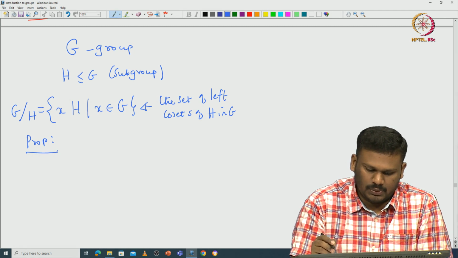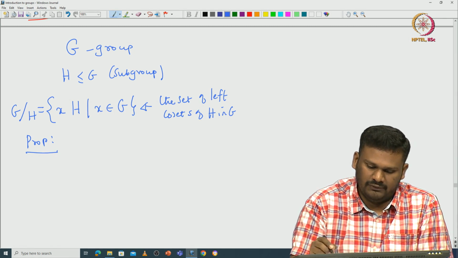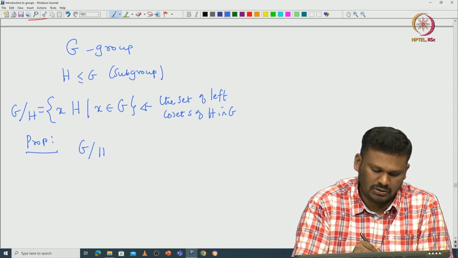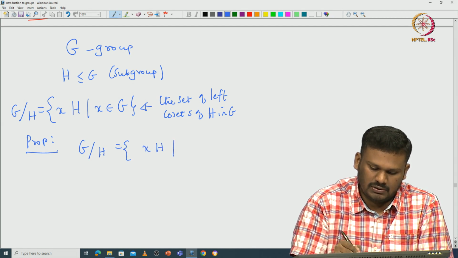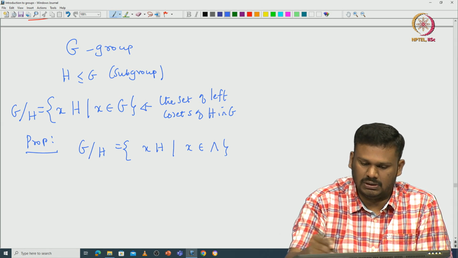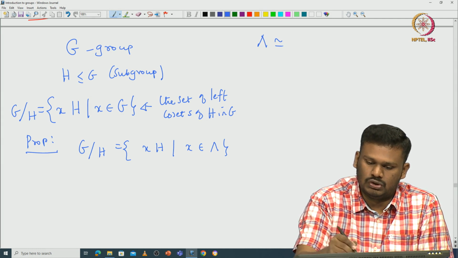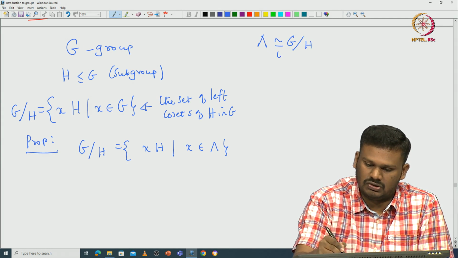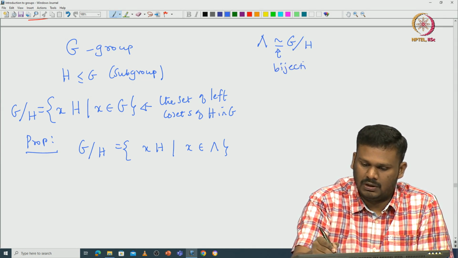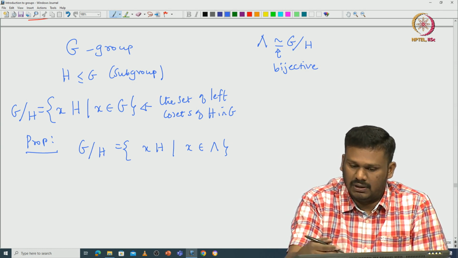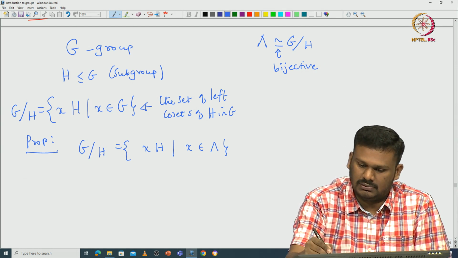So, what is the proposition that we proved? We proved that this set of all left cosets of H in G form a partition, this G mod H, the cosets xH. Now I can call the x's again capital Lambda. If you want, you can see that this capital Lambda is a chosen subset of G that has a bijective correspondence with G mod H. We saw in our examples that there is always a natural choice for this capital Lambda.